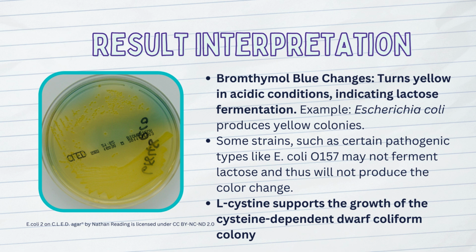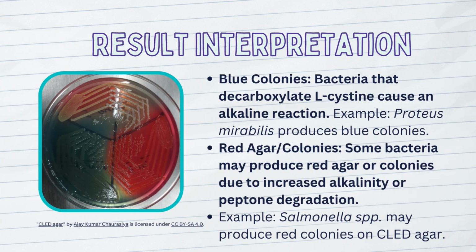Also, L-cysteine supports the growth of cysteine-dependent dwarf coliform colonies. That's also something significant to remember. And blue colonies can also be caused by bacteria that decarboxylate L-cysteine, causing an alkaline reaction. So instead, they will just stay blue because of the indicator.